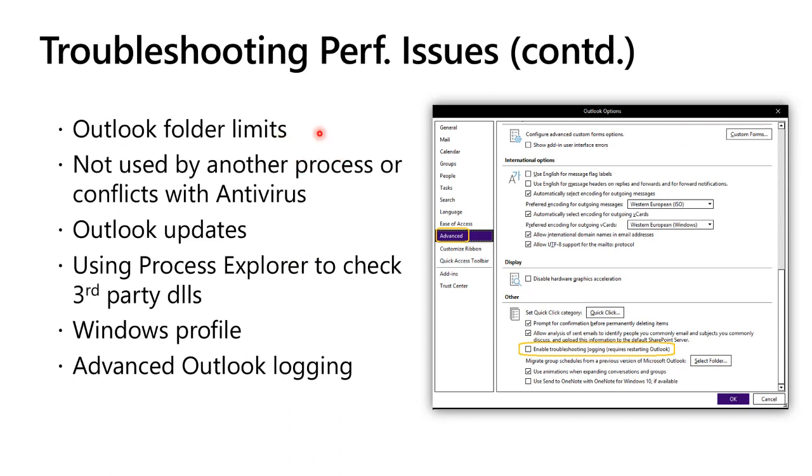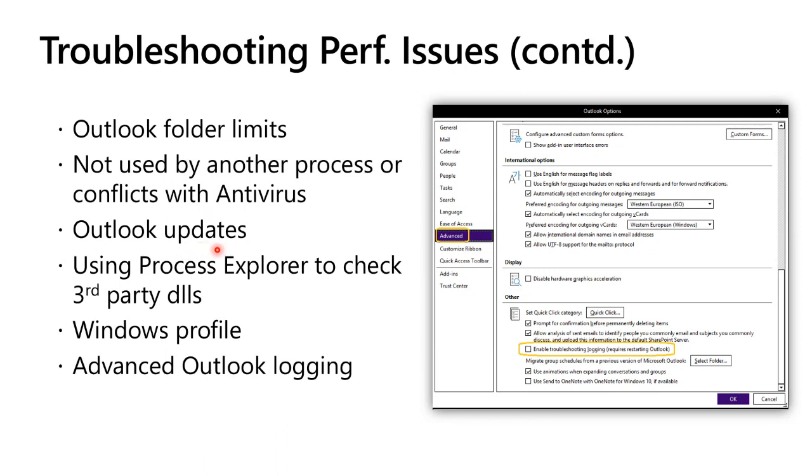So this is for the perpetual versions of Outlook, and it is the recommended limit. And then it's good to ensure that no other process or service is using or has the outlook.exe file locked or in conflict with any add-ins.